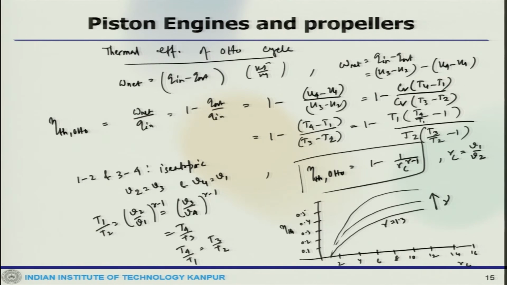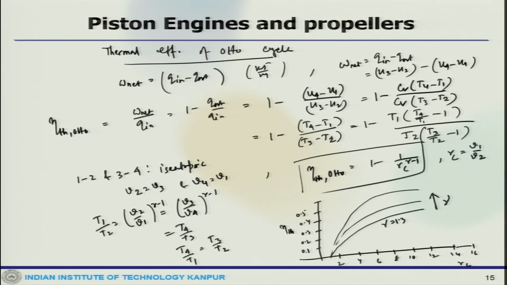That is a typical curve that one can see. From here one can see that the thermal efficiency curve is steep at low compression ratio, but flattens out when starting with a higher compression ratio, beyond 8 or something like that.